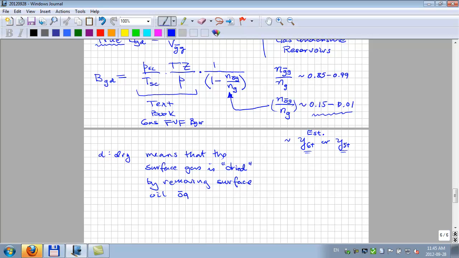OG. You take the OG out, removing it from the surface gas. Okay? Means we've dried the surface gas. We're taking the condensate oil away.